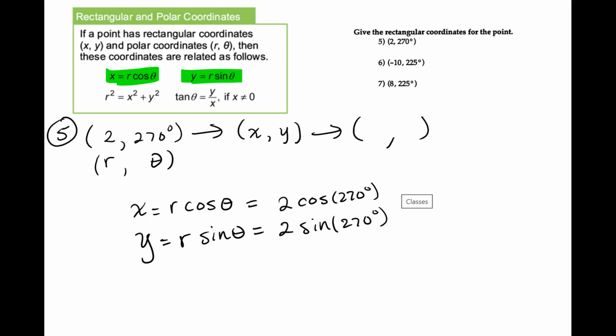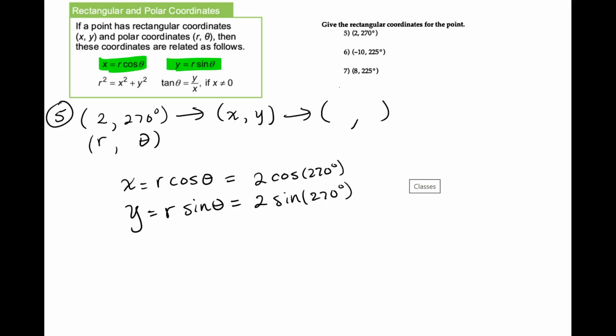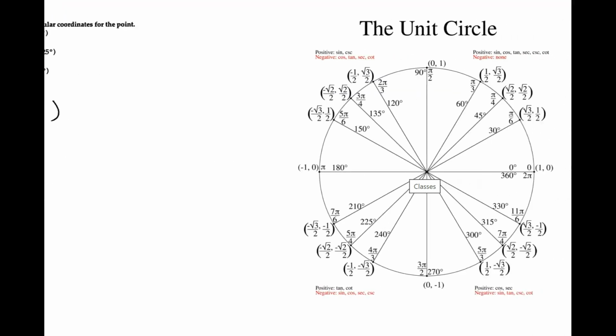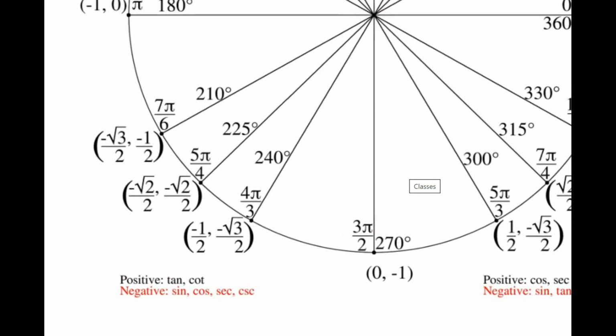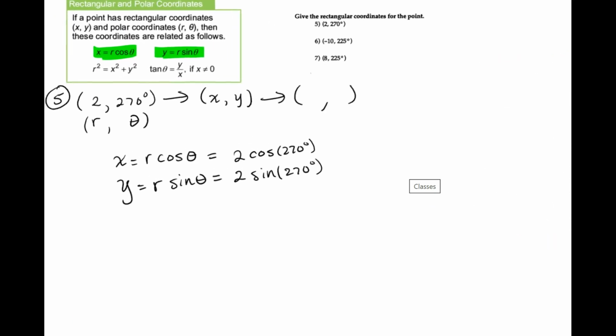Okay, so now let's just go ahead and jump over to the unit circle and see what that looks like. The cosine is right here, 0, and the sine is -1 at 270 degrees.